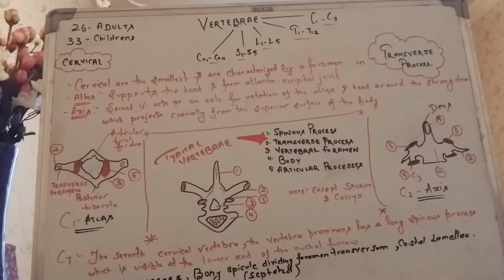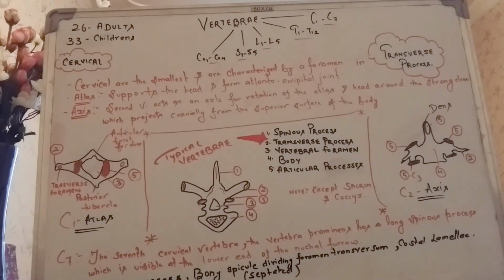Then the transverse foramen is present in both of the cervicals, and C2 also has a spinous process and transverse process, but C1 does not have a spinous process, and C1 does not have a body, but C2 has a prominent body, as we can see over here. Then C2 has articular facets for C1, an articular facet for C3, and the dens process which articulates with C1.